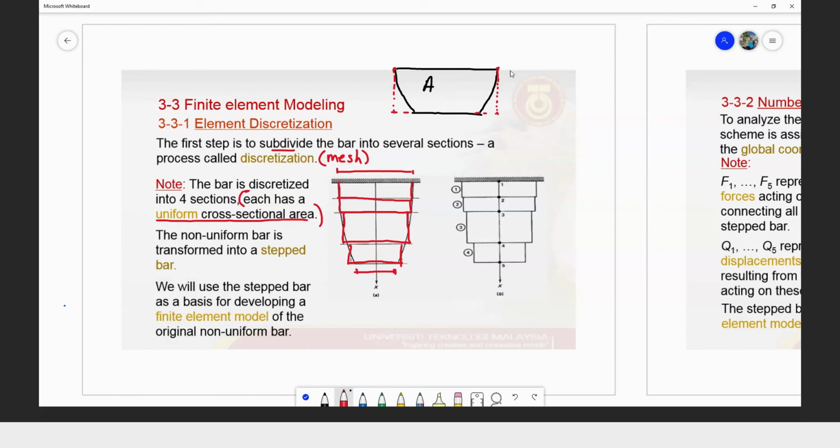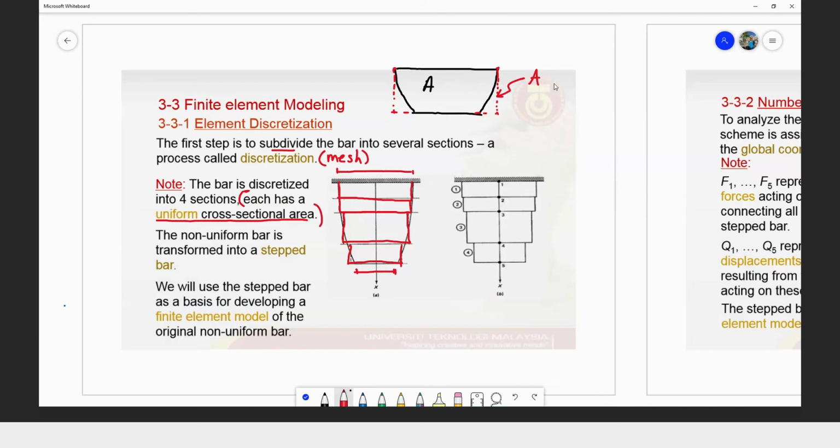But whether our new section here will represent the physical one, kan? Dia tak sama. Kalau tengok area of the red element is not equal. It's bigger than the one that I drawn using the black line, right?